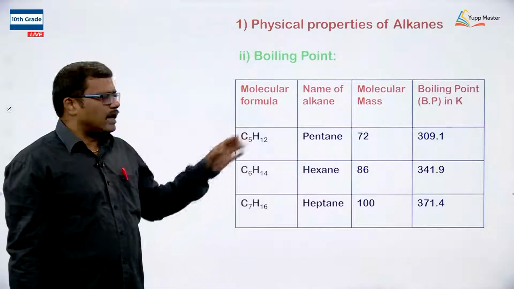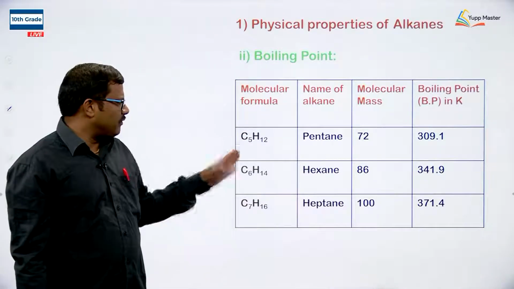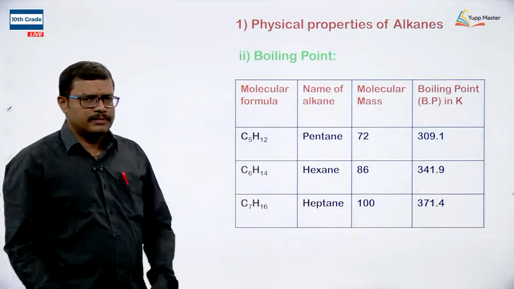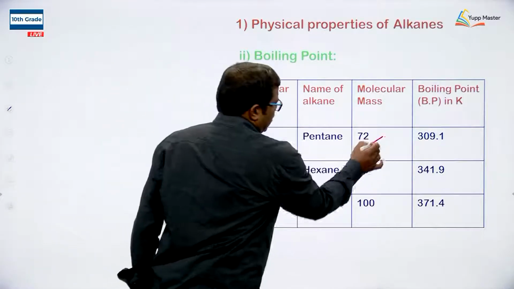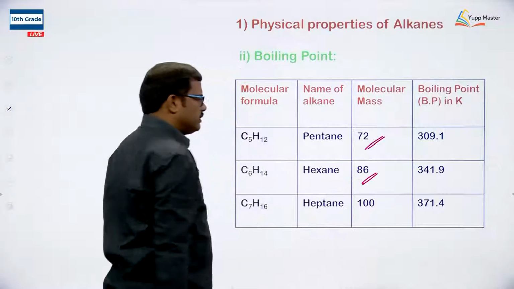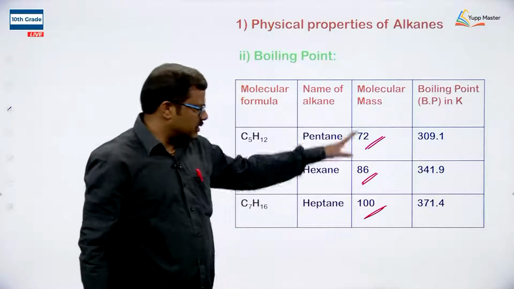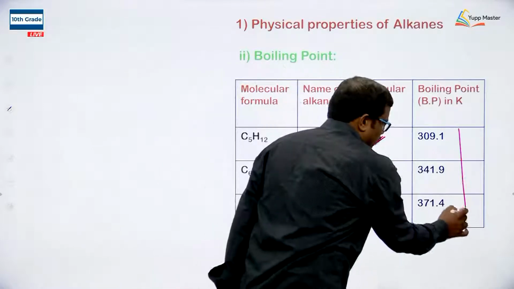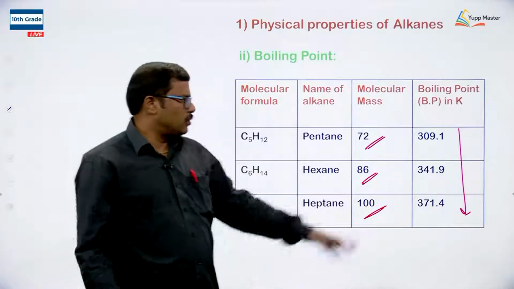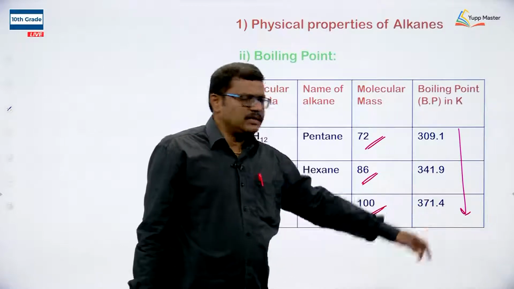Similarly, when you look at alkanes having 5 carbons, 6 carbons and 7 carbons, the molecular mass is 72 for 5 carbons, 86 for 6 carbons, and 100 for 7 carbons. So, molecular mass is increasing, boiling point is also increasing, from 309.2 to 341 and 371.